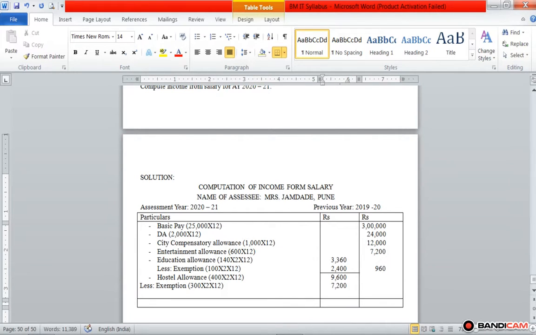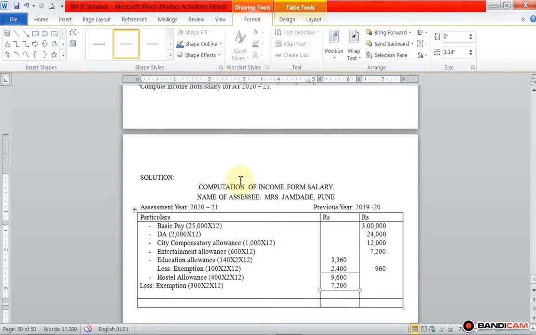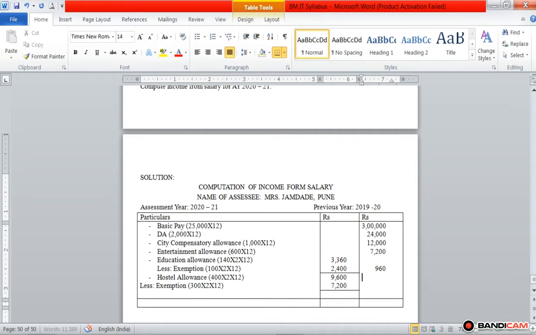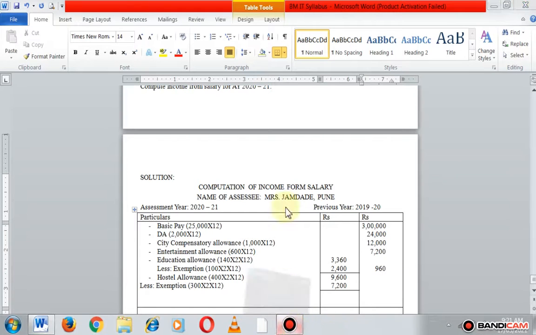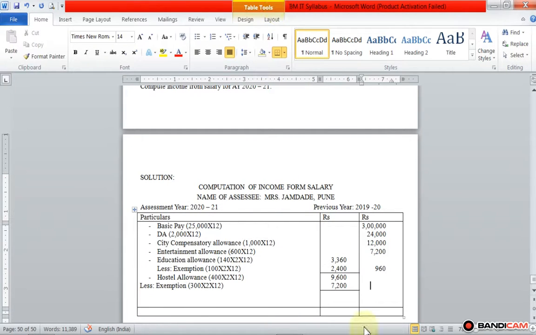The remaining balance is taxable, so reduce 7,200 from 9,600 and we get the taxable hostel allowance, which is rupees 2,400.